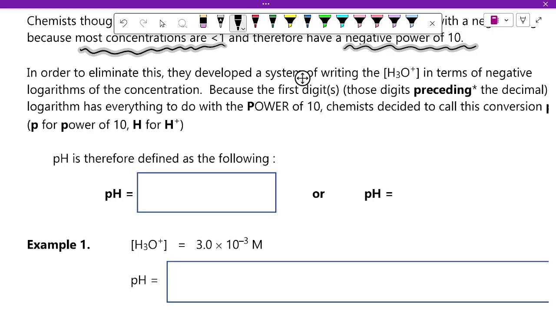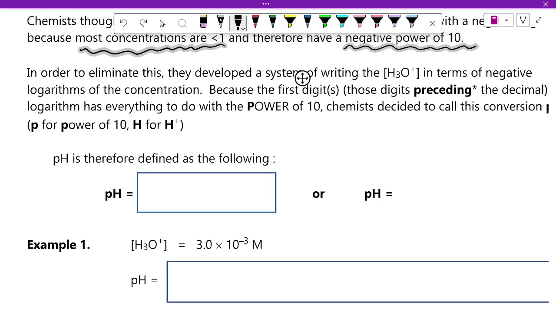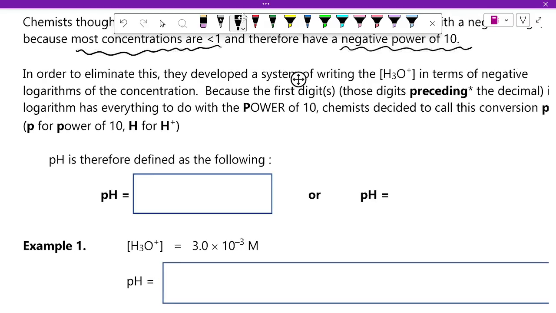Everybody. Negative log of the concentration of hydrogen ion. Okay?